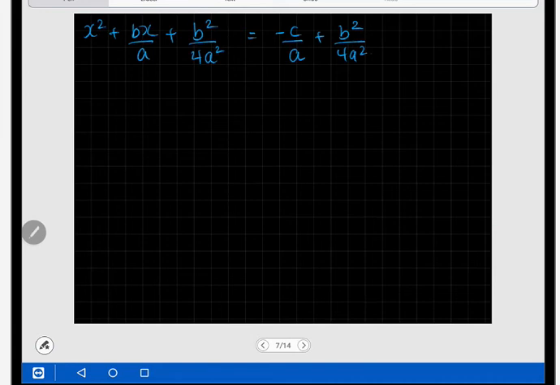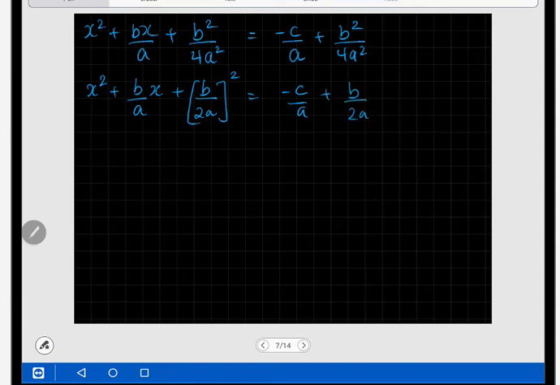I can rewrite this as x squared plus b over a x plus b over 2a all squared is equal to minus c over a plus b over 2a all squared. When you factorize this, it will be like x plus b over 2a.